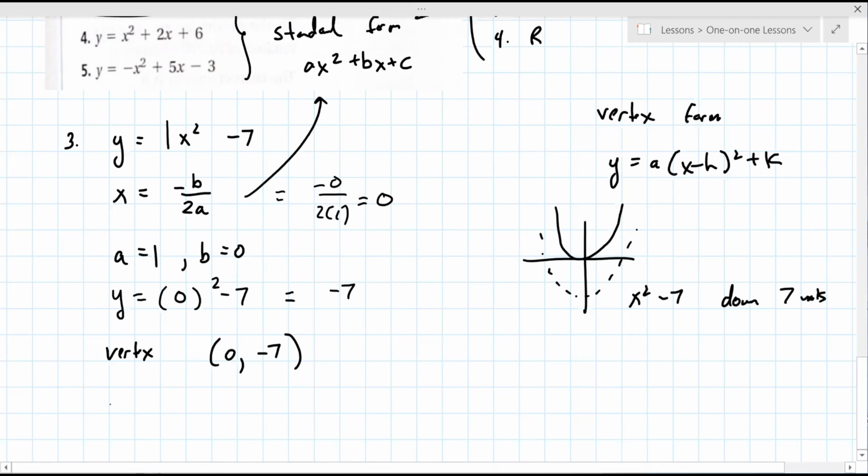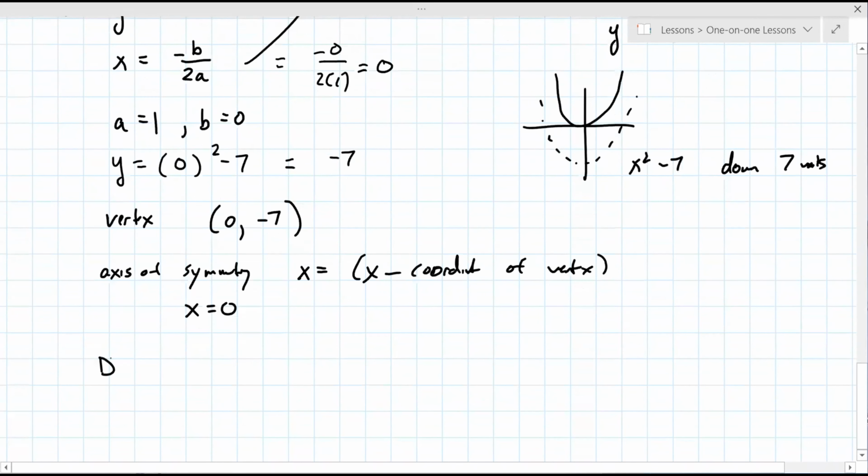So that's the vertex. The axis of symmetry is the x coordinate of the vertex. So it's x equals whatever the x coordinate of the vertex is. In this case, it's x equals 0. The domain for all of these is minus infinity to infinity, or sometimes it's written as all real numbers.